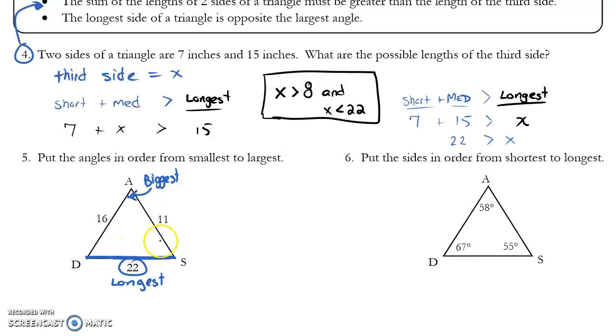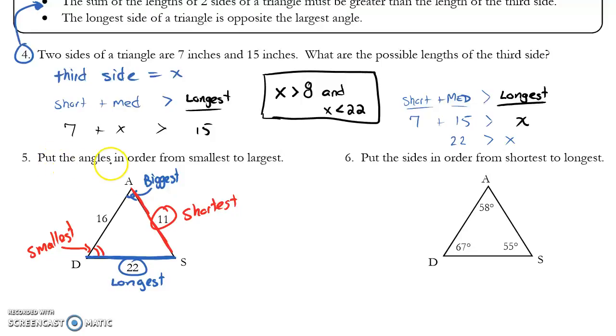And then it works in my opposite concept as well. Segment AS is 11. That's my shortest side.